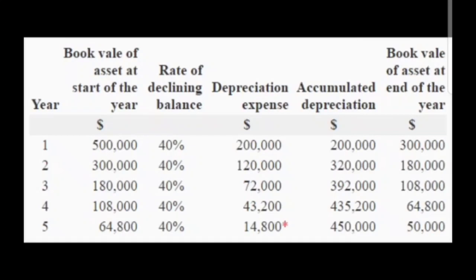Then this shall be added to the first year depreciation, and we shall get the accumulated depreciation for 2 years equal to $320,000. Now 500,000 shall be deducted by the accumulated depreciation of year 2, and we will get the answer at the end of year 2, $180,000 as a book value.